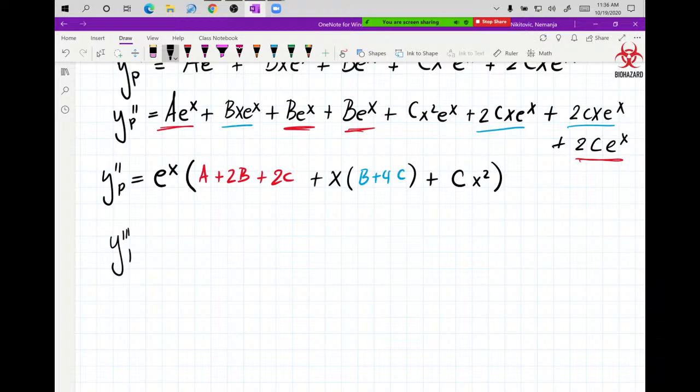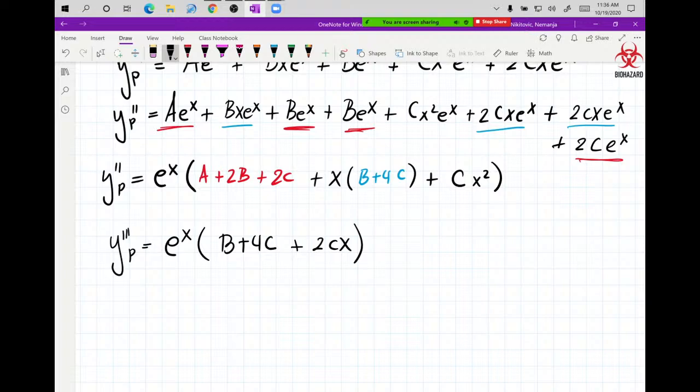So the triple derivative now is copy the first, and then, guys, this is just a polynomial. You take the derivative of this like nothing. So copy the first, derivative of the polynomial. Well, these are all numbers. That's the derivative is 0. This is x, so derivative is just b plus 4c. And then the derivative of this one is plus 2cx.